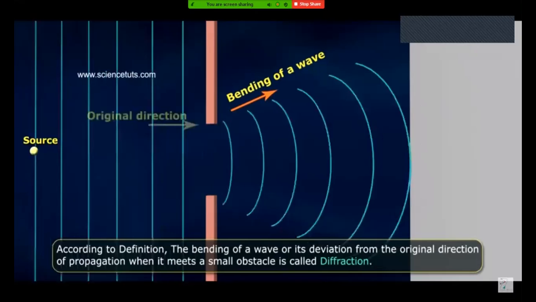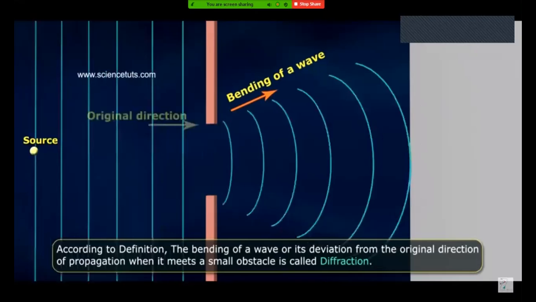Can you see, guys, the wavefronts which were plane initially are now spherical in nature. Yes or no? And if you remember, with spherical wavefronts, how do you draw the light rays? So with the help of wavefronts I am explaining this: the light rays have entered into the shadow region.